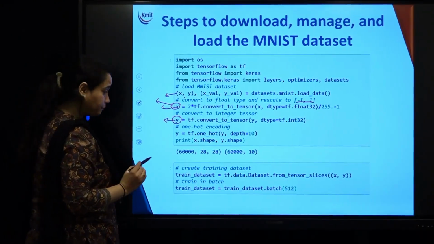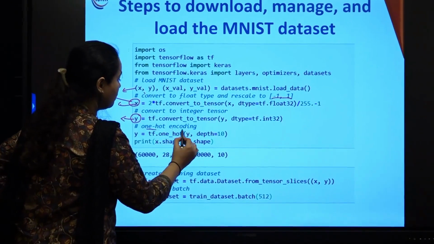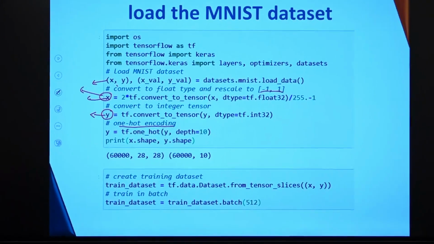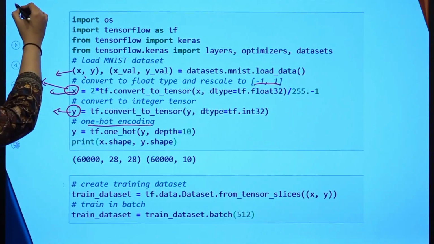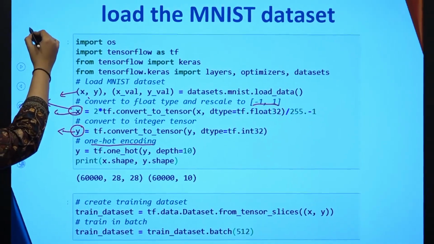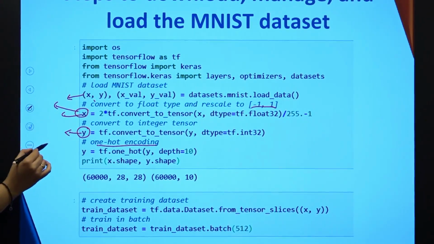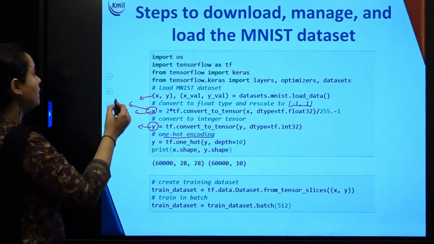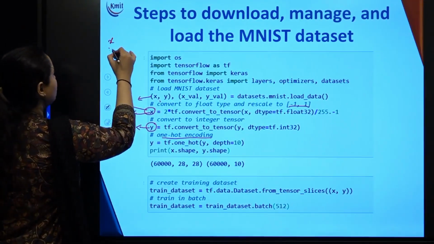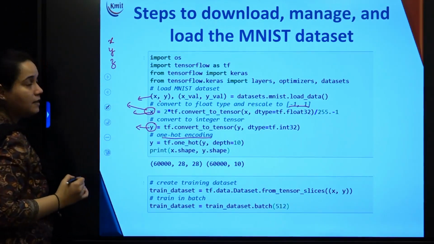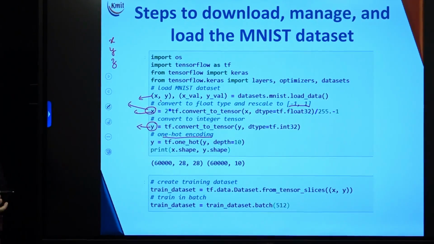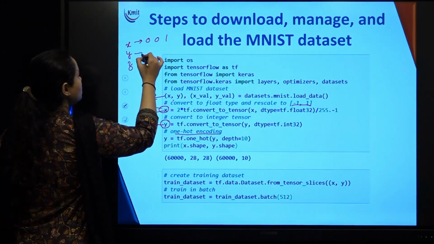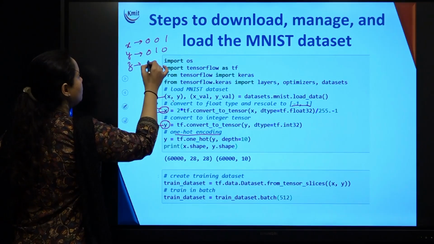After that, I am using one-hot encoding. Now what is this one-hot encoding? One-hot encoding means, suppose you have some data and you want to represent it as a binary value. That is called encoding. Suppose I have 3 data items that I want to represent in binary information, then I may choose to write them as 001, 010 and 100.